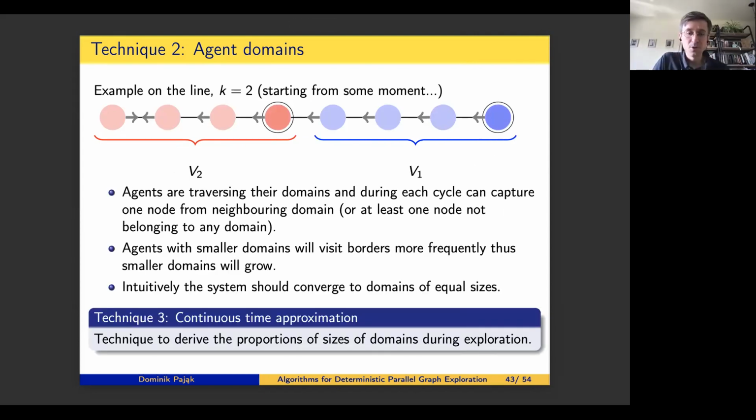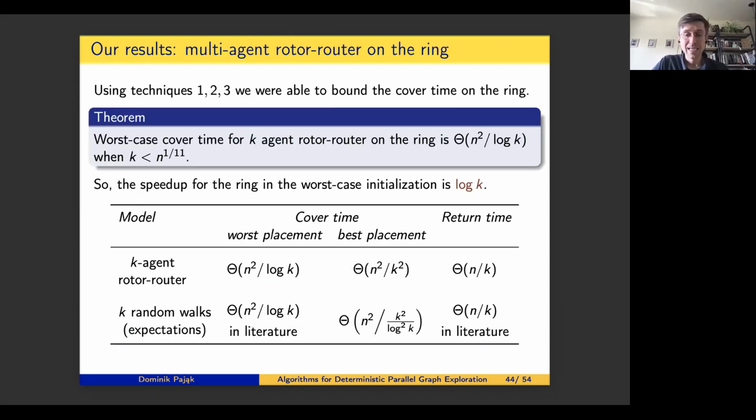And this process has a very funny behavior, because if the agent has a smaller domain, then it visits the borders more frequently. So it has the ability to steal from the neighbors, because if the neighbor has a larger one, then it visits the borders less frequently. We managed to show that it has a slightly small speed up on paths.